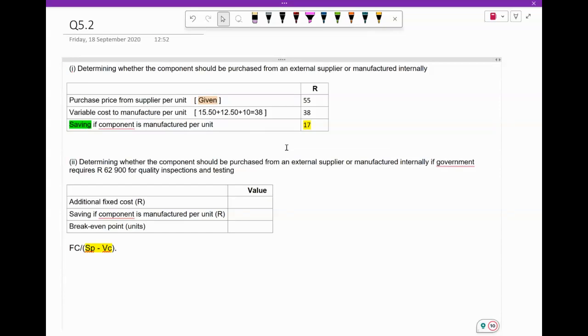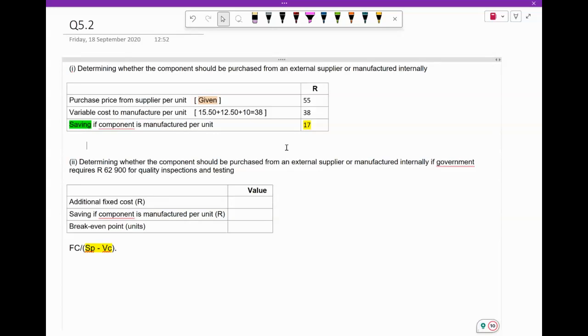It says, assuming government legislation requires the company to undertake quality inspections and tests, costing 62,900 per annum, not included in the expenses above. So now we have an additional fixed cost, but this fixed cost is specific to what?